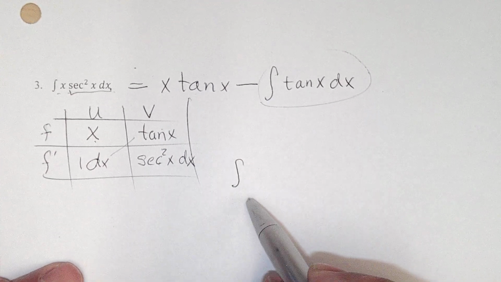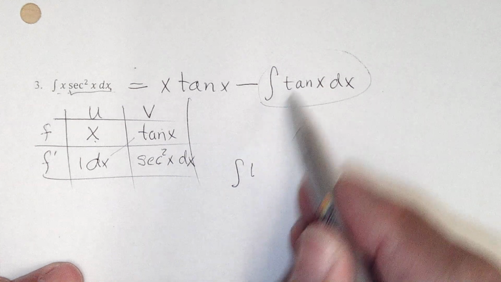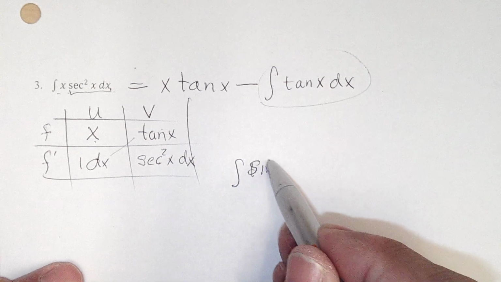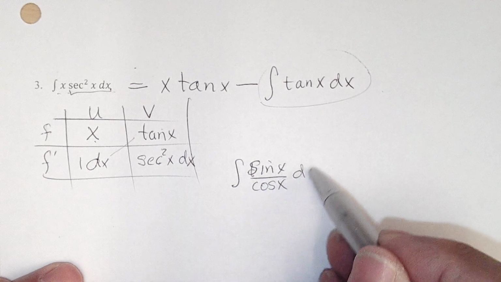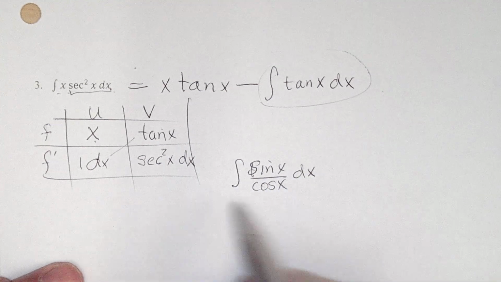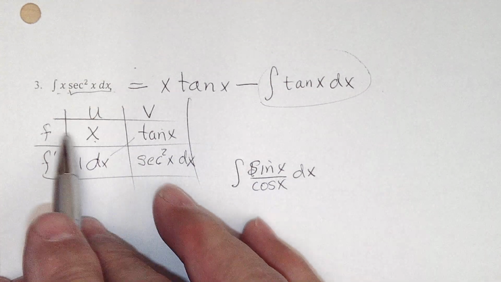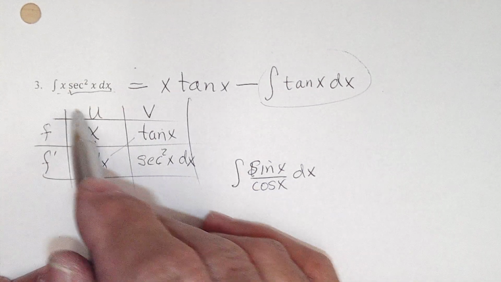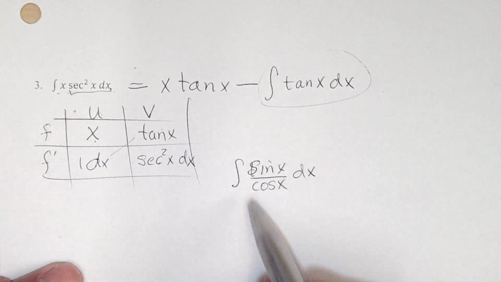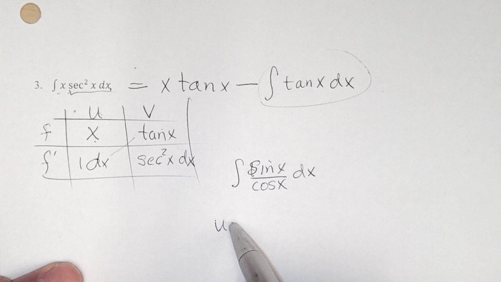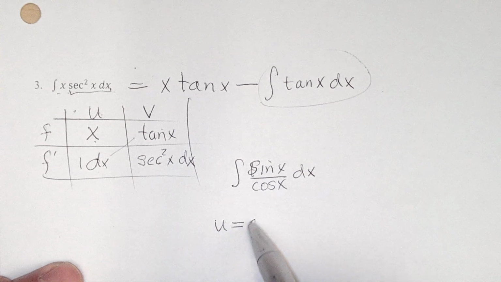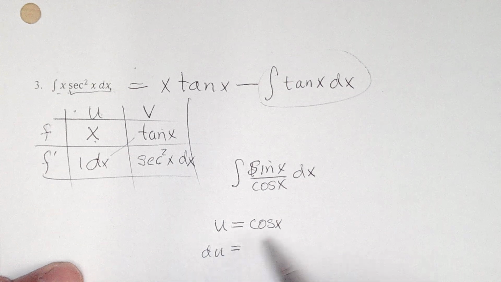To do the integral of tangent x, we thought of tangent as the sine of x over cosine x dx. We did u sub, not integration by parts, but u sub. So this is a different u than that u. We let u, I maybe should use a different variable, but I won't, we let it be cosine x so that du, derivative of cosine, is negative sine.